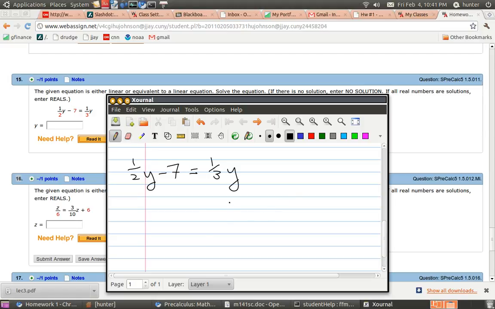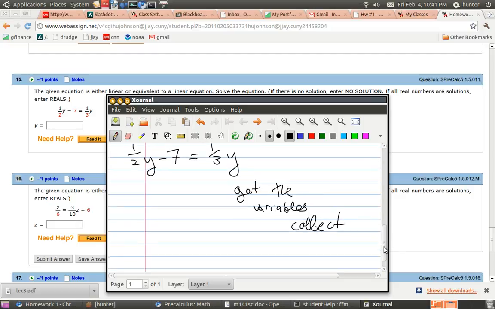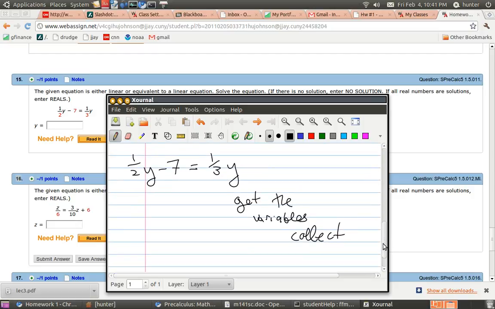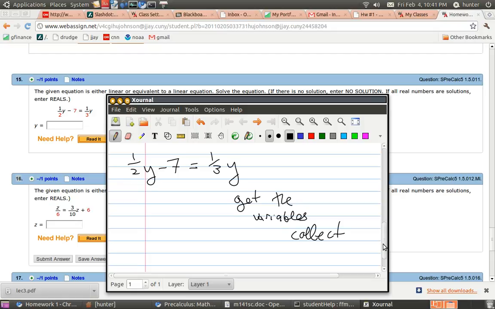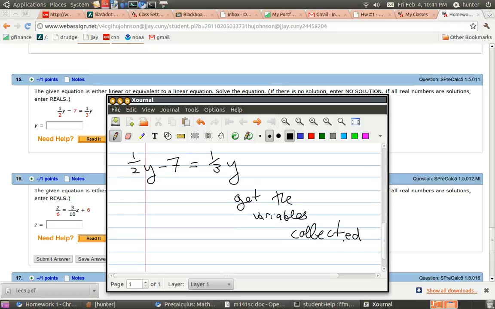So we're solving a linear equation. When you're solving any equation, the strategy is to collect the y's. So I'm going to put the y's on the same side of the equal sign, and put everything else on the other side.